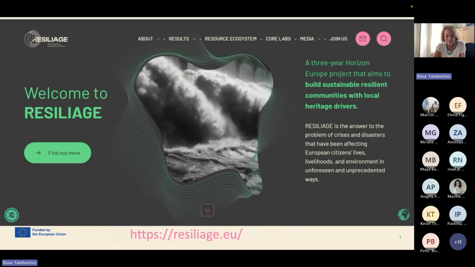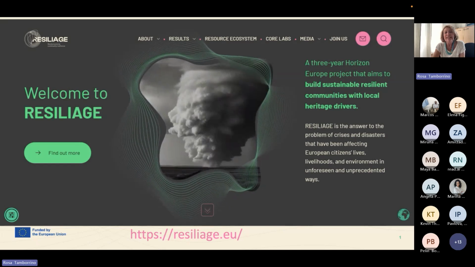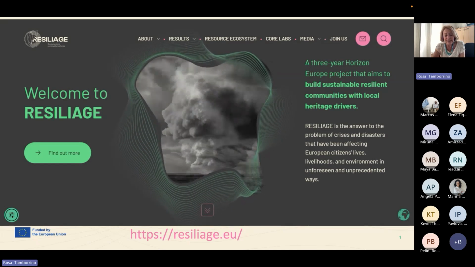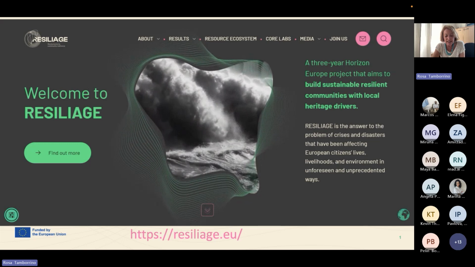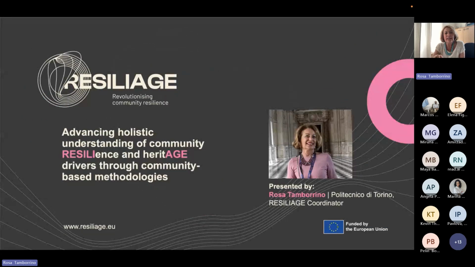Our project is clearly established to create this important connection and conceptualization among resilience, community resilience, and heritage, cultural heritage, because the title of our project is Advancing Holistic Understanding of Community Resilience and Heritage Drivers through Community-Based Methodologies.